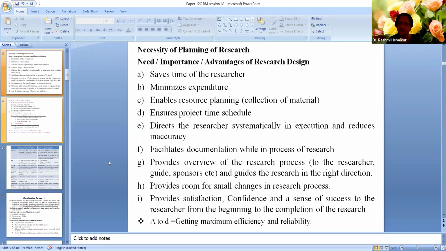Time to time, we can check to what extent we have completed the design. We can make small changes in the research process, and it gives us confidence. When the design is done, we can embark on the journey. So it gives us confidence, and it leads obviously to efficiency, effectiveness and reliability.